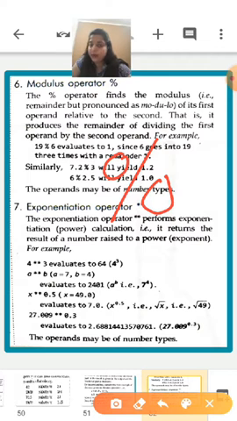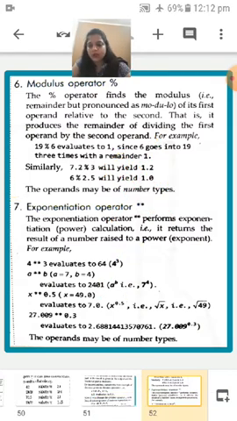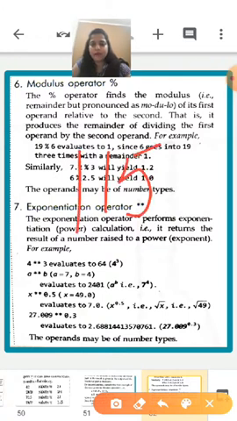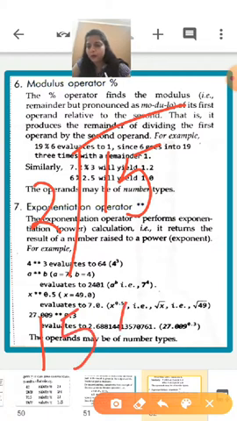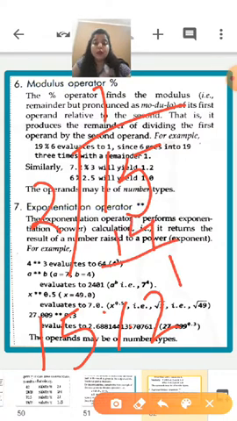For example, again I am taking the example of 15. 15 divided by 2, it means 15 mod 2 I am talking about. Okay, so 2 sevens are 14, you are getting 1 remainder. So with the modulus operator you will get 1 as the answer, because the modulus operator always deals with the remainder.